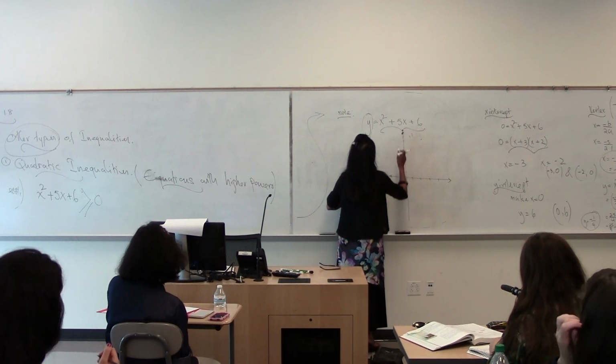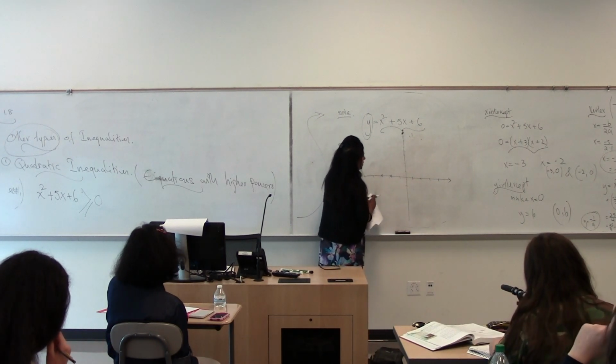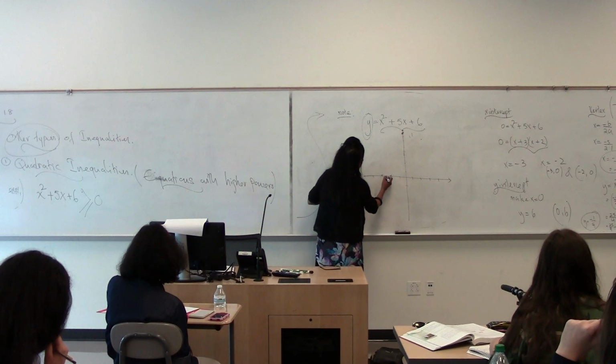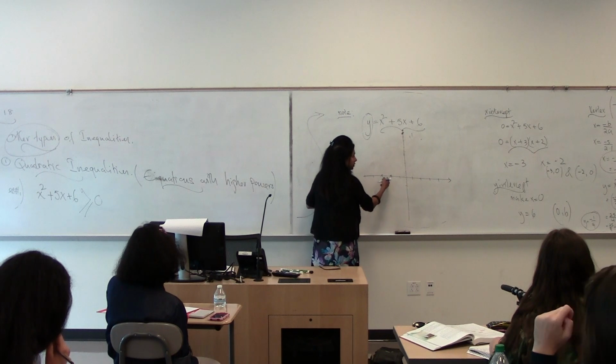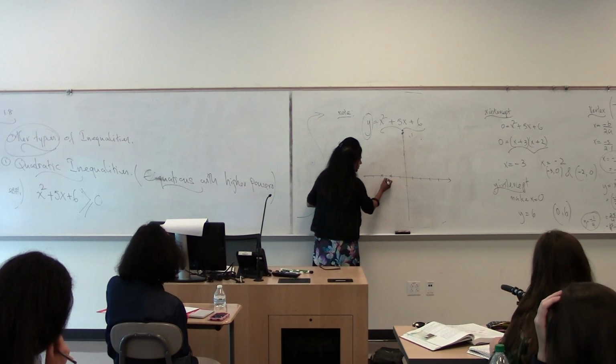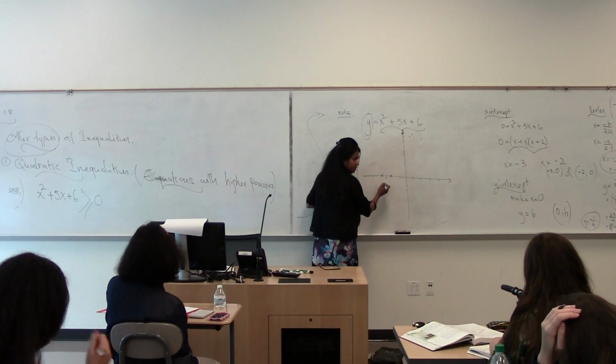This is the y-intercept. The vertex is negative 5 halves, which is negative 2.5, and negative 1 over 4. This is the vertex.